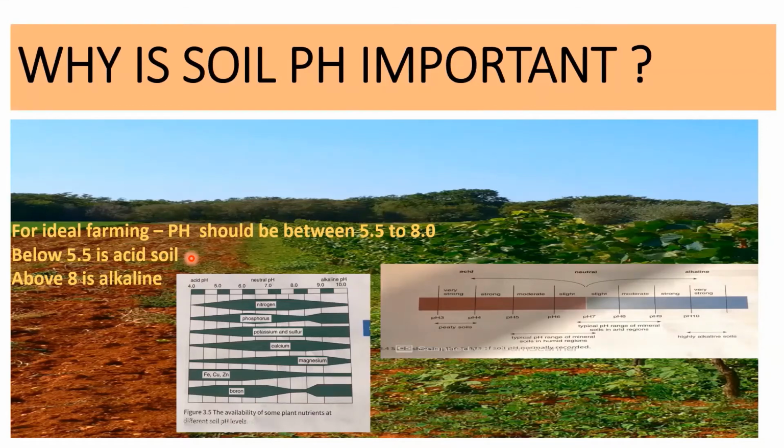Above 8, alkaline soil becomes too salty for most plants to grow well. However, acid soil can be neutralized by adding lime, and alkaline soils can be made better by adding organic matter.